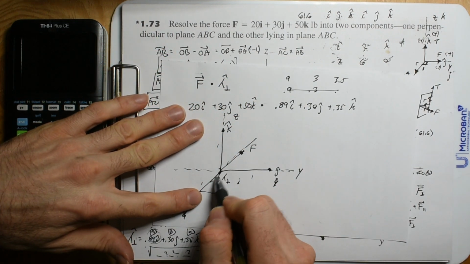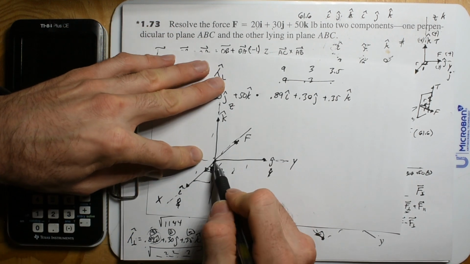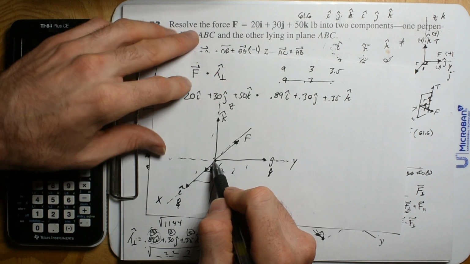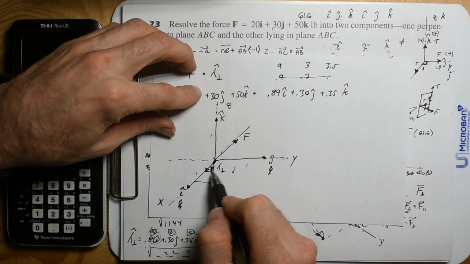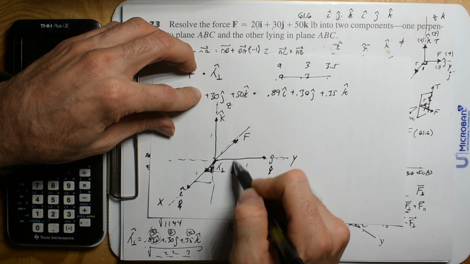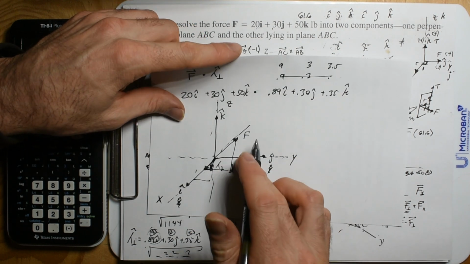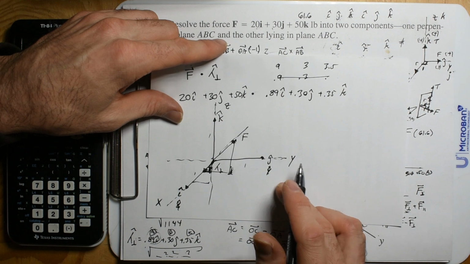So this has a component this way, and then up. I should probably draw this a little bit better. This one has a component of 2. It's got a component this way, and then up. So all 3 of these things have 3 components.